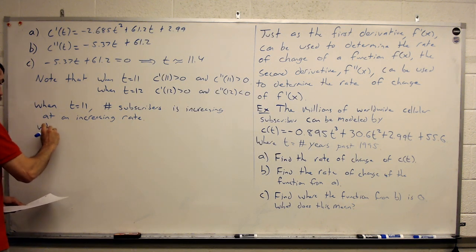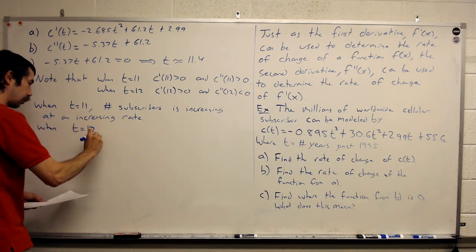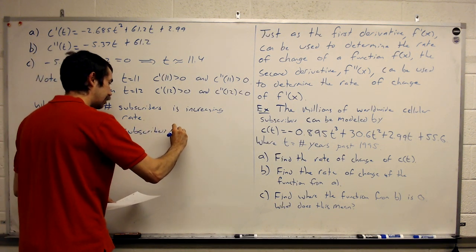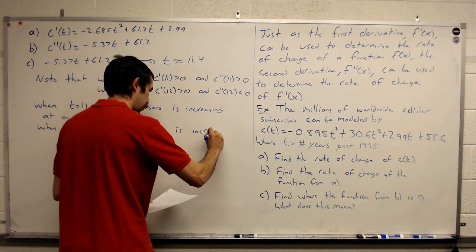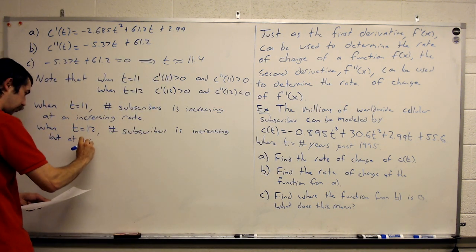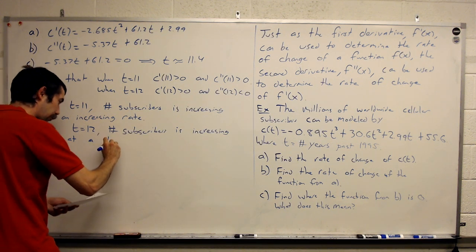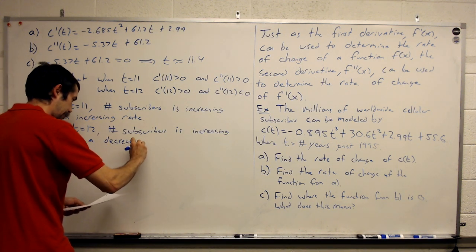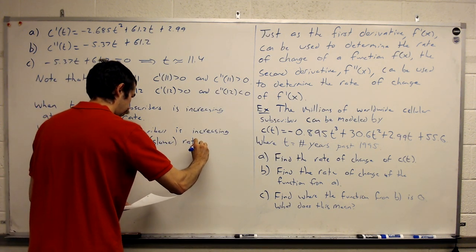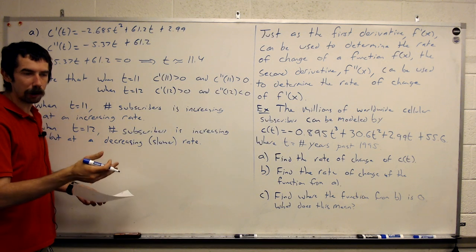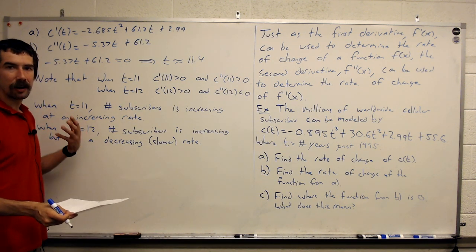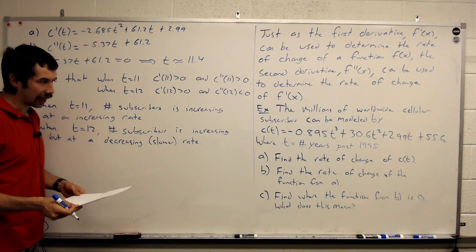And when t equals 12, the number of subscribers is still increasing, but at a decreasing or slower rate. So the rate of growth is slowing down, but we're still growing. And so that's how you can interpret what the second derivative is saying about a function.